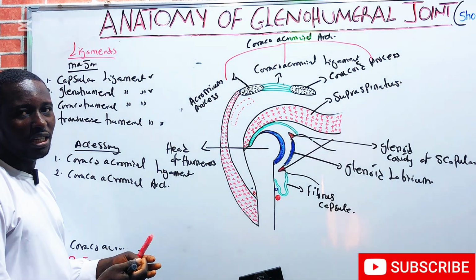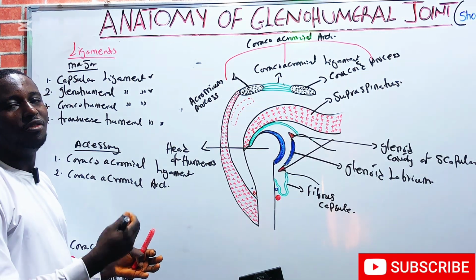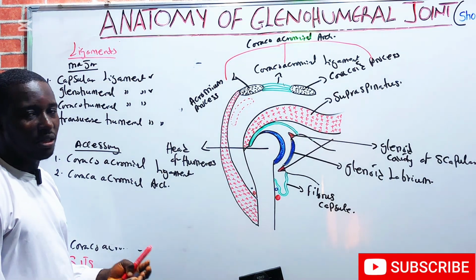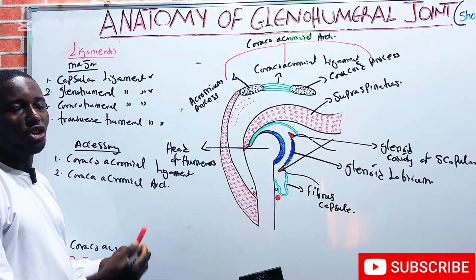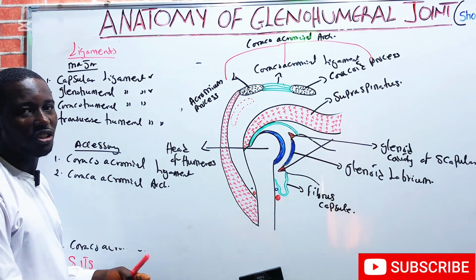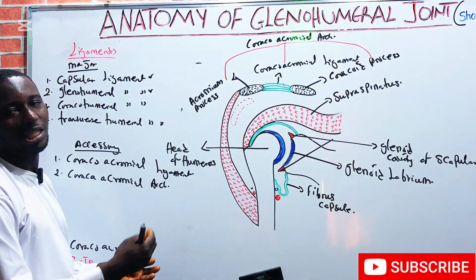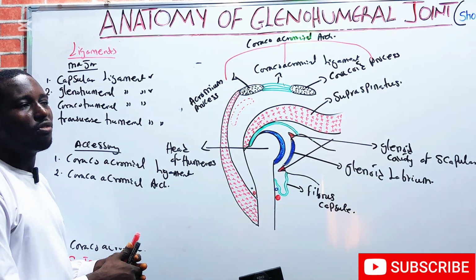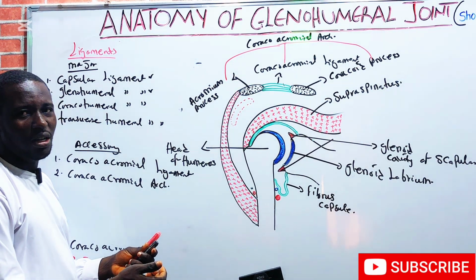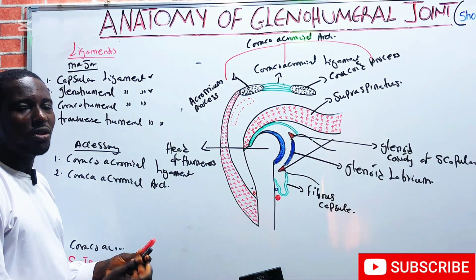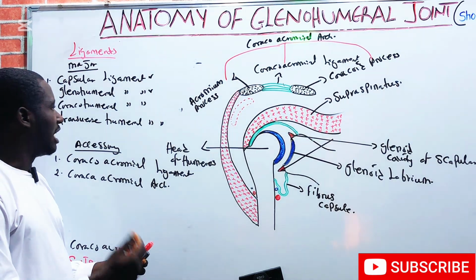What are those 3 thickenings? The superior, middle, and inferior glenohumeral ligaments. This ligament supports the fibrous capsule of the shoulder joint. It is not seen exteriorly; it is seen in the interior aspect of the fibrous capsule. So it forms 3 thickenings on the anterior aspect of the fibrous capsule of the shoulder joint.